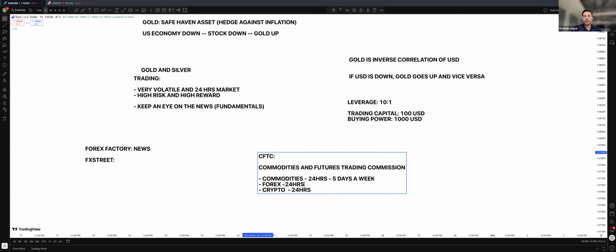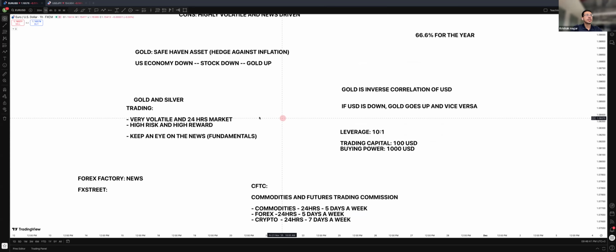FX is open 5 days a week as well. Crypto, whereas, is open 7 days a week. This is the only asset class in finance that is open round the clock. The markets never sleep. Crypto markets are the only markets that never sleep. They're open round the clock, 7 days a week. Any doubts with commodities?